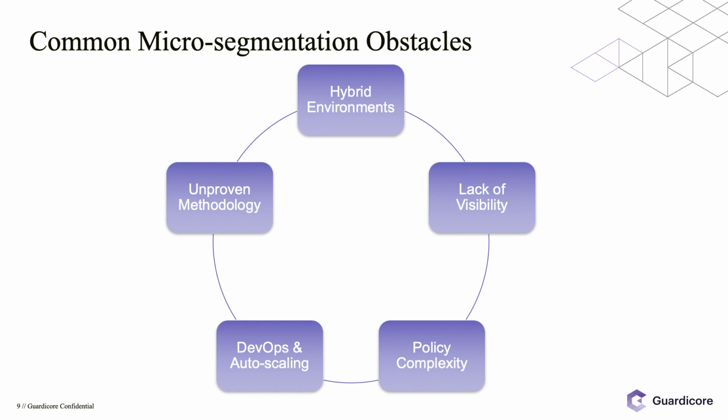The next challenge is the lack of visibility into east-west traffic. It's not likely that any person within your organization can explain how communication flows for a specific application or environment are expected to occur.